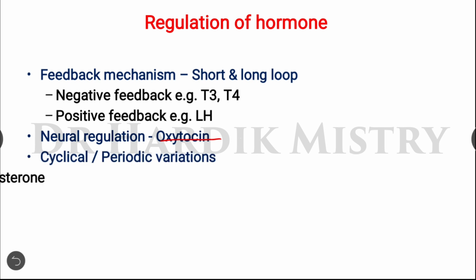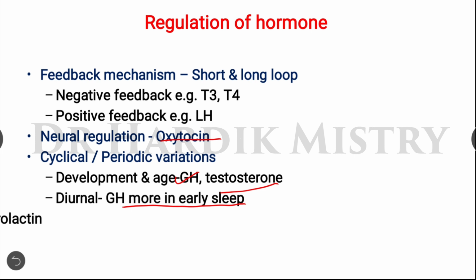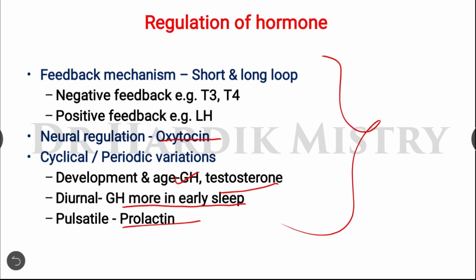Cyclical and periodic variations include development and age. According to age, different hormones are released, for example growth hormone and testosterone. Diurnal means the day-night cycle is continuously repeating; this includes growth hormone, which is higher early in sleep. Pulsatile: this is prolactin. So that is the regulation of different hormones. These are the basics.